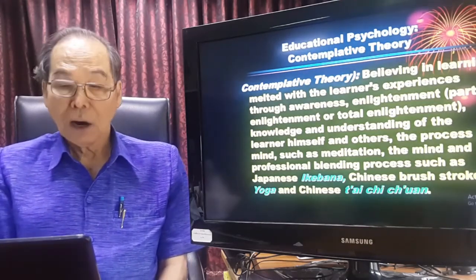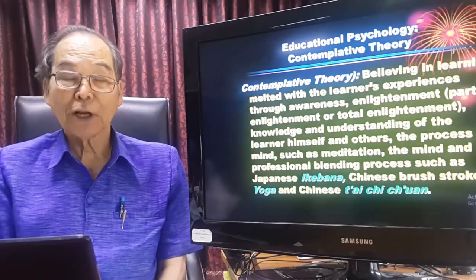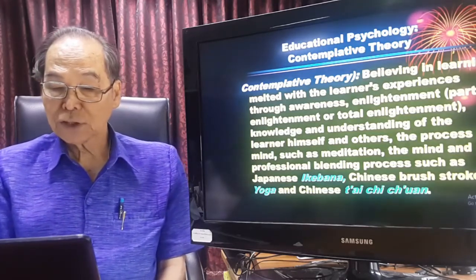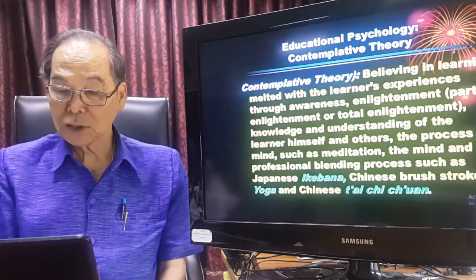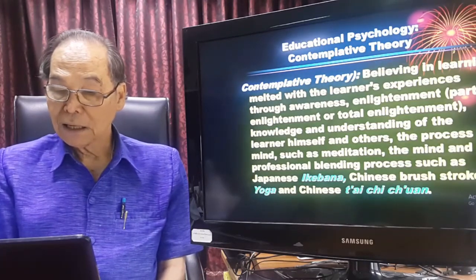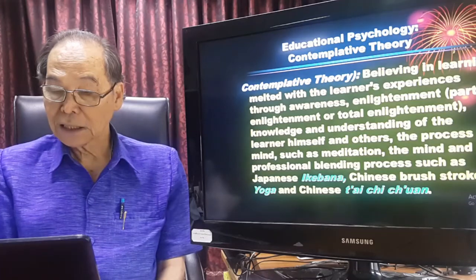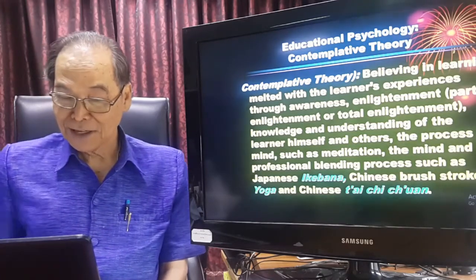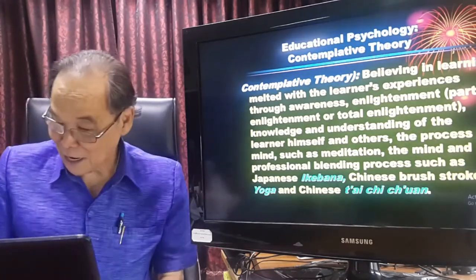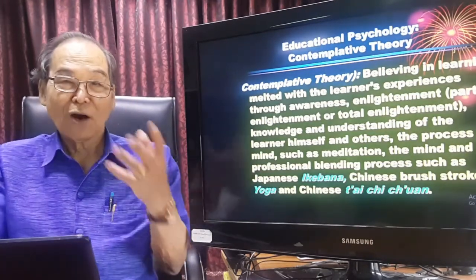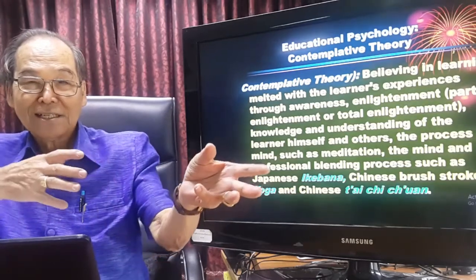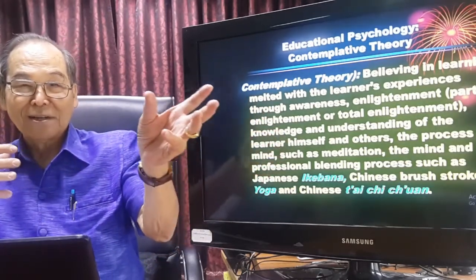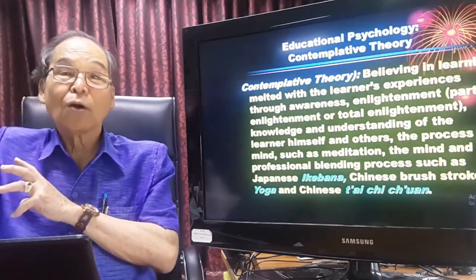The process of mind, such as meditation, the mind and professional blending process, such as Ikebana, Japanese, or Chinese brushstroke, yoga, Chinese Tai Chi Chuan, you can read, you can pronounce it better than I. Qi Gong. All of this I learned that when you practice, we call Chinese boxing or some moving like this, are actually downloaded.